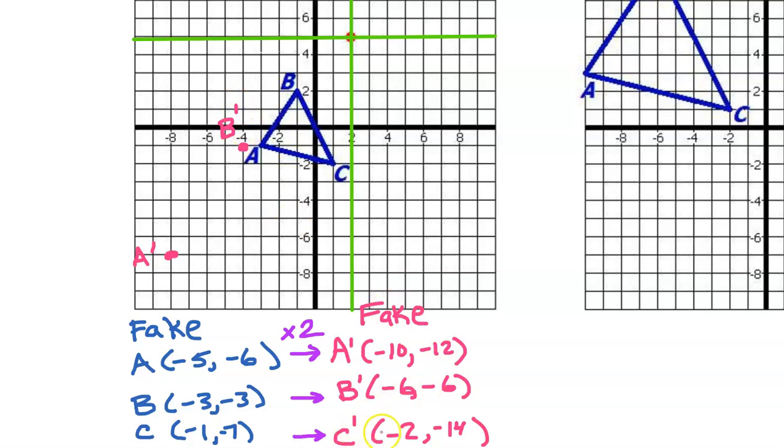And C prime, well, fake C prime, -2, -14. So -2 will be right on this dark line. And then now I just have to go down 14. Okay, I lost count. So this will be C prime.